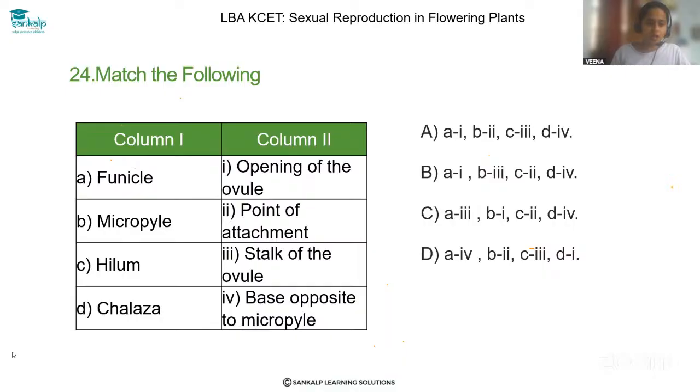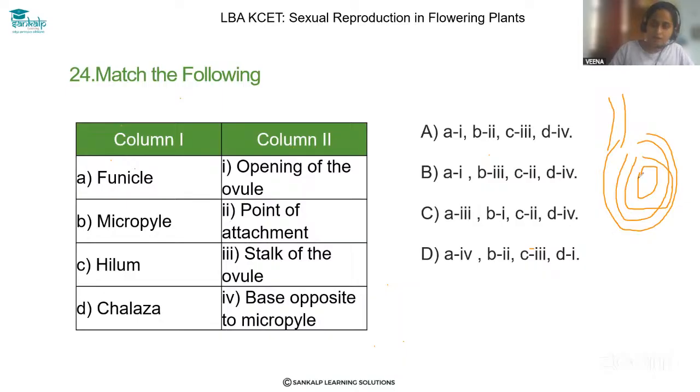So let me draw the structure of an anatropous ovule. Then you will understand properly. So there are 2-3 layers, and in the middle there is an ovule, and here nucellus is there.